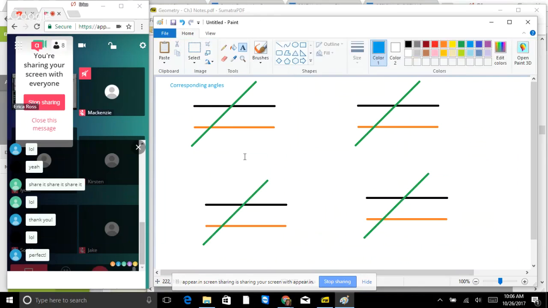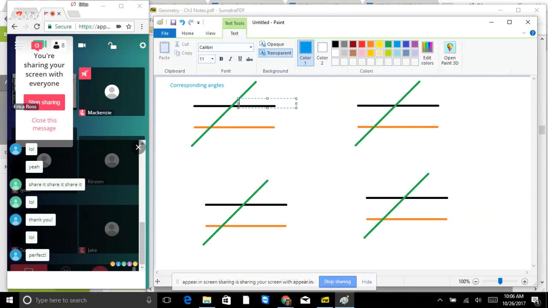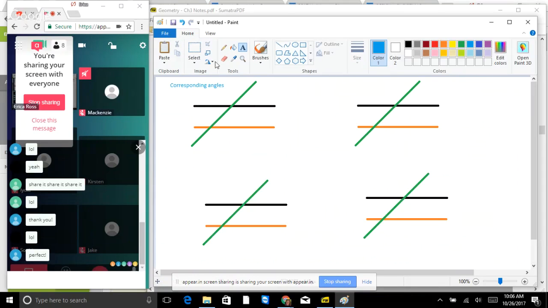All right, corresponding angles. So that basically means angles that are in the same spot. They correspond to each other. So for example, we can pick any angle. This angle here corresponds to this angle here, okay?